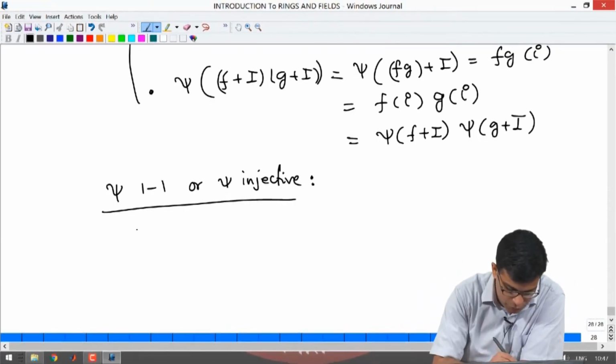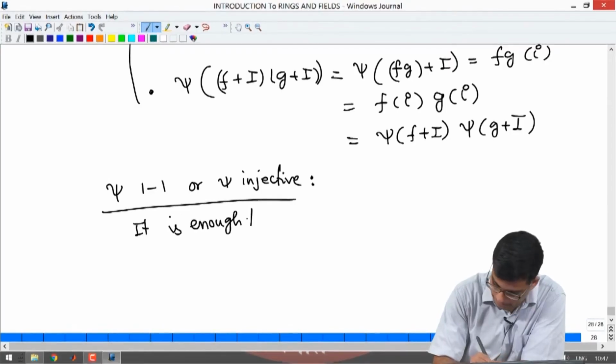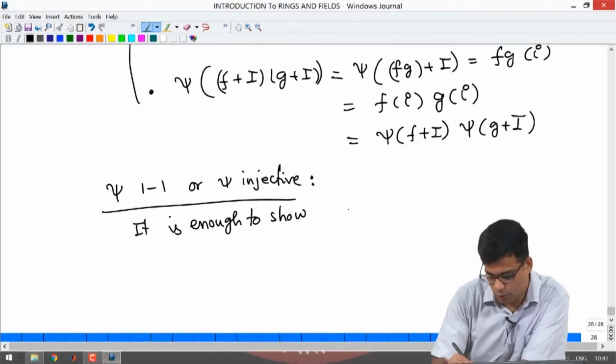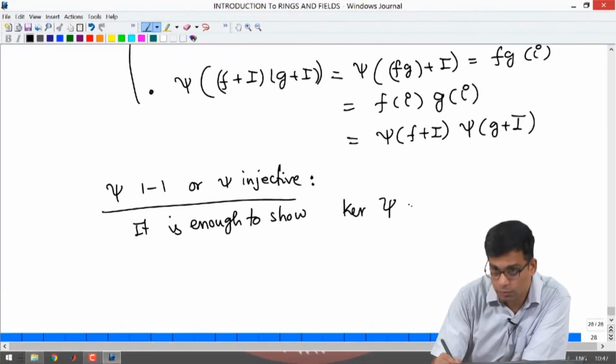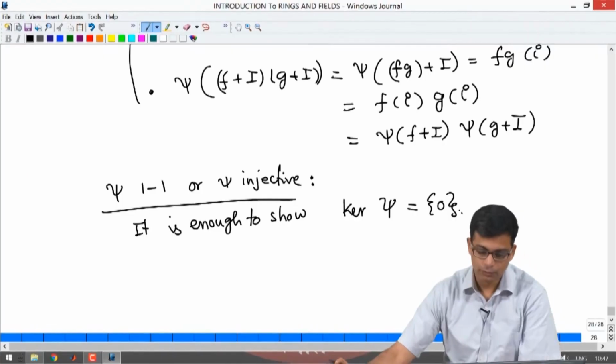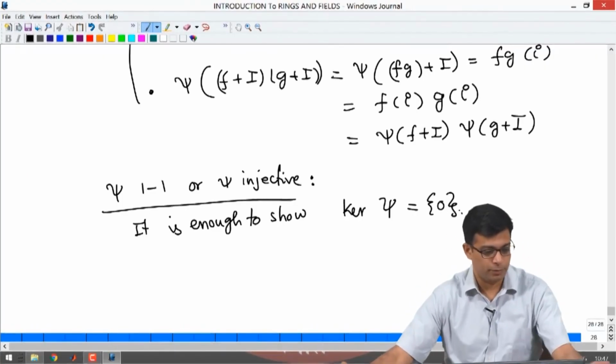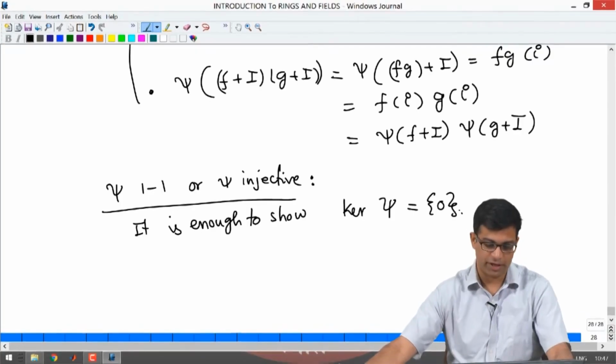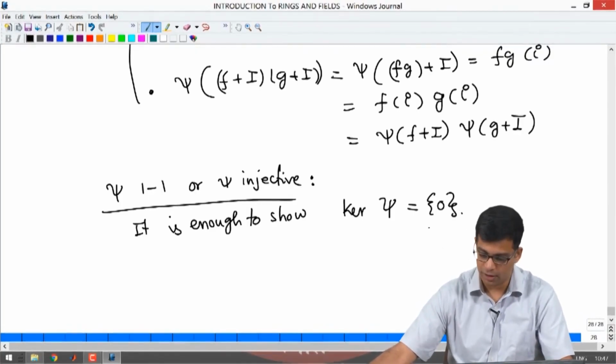So, it suffices to show that the kernel of psi is 0. Because remember, in an earlier video I did a problem in which we said that a ring homomorphism is injective if and only if its kernel is 0.